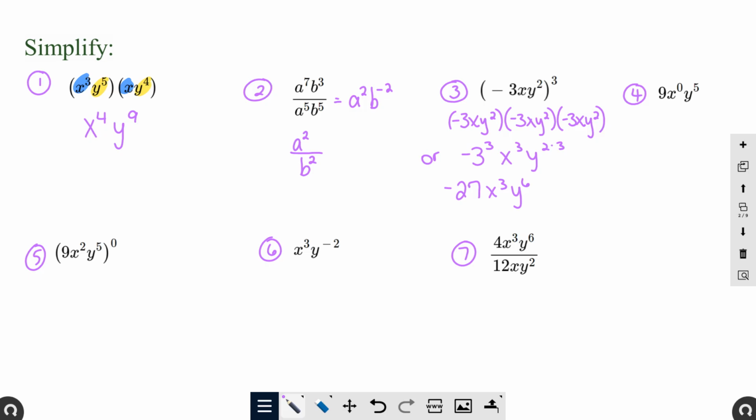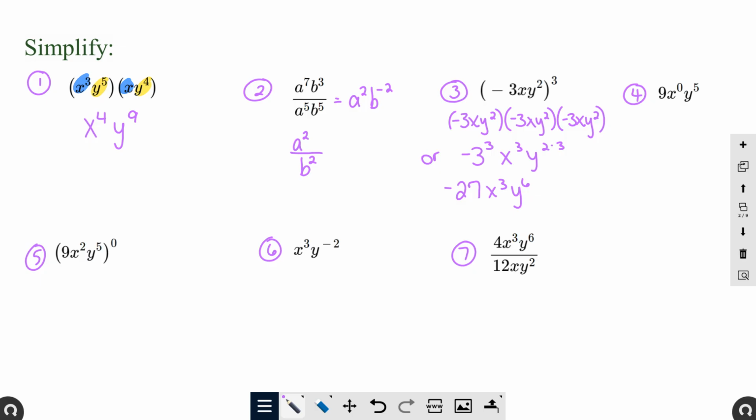All right, write down problem number 4. Now this one is neat because it has that 0 power in there, which is the first rule. Anything to the 0 power is 1.